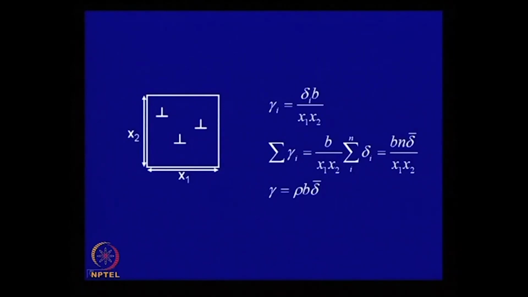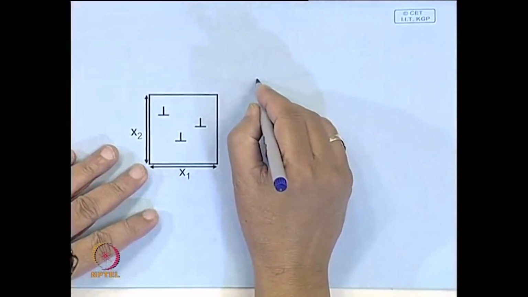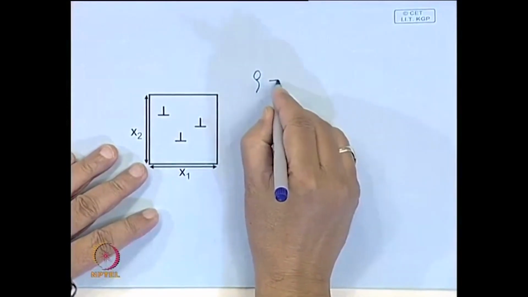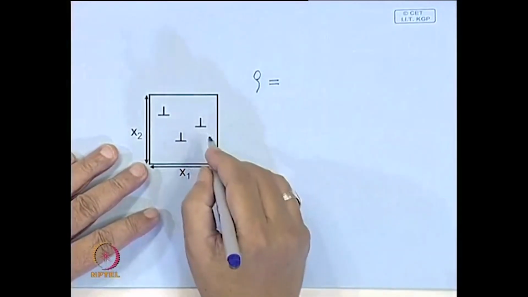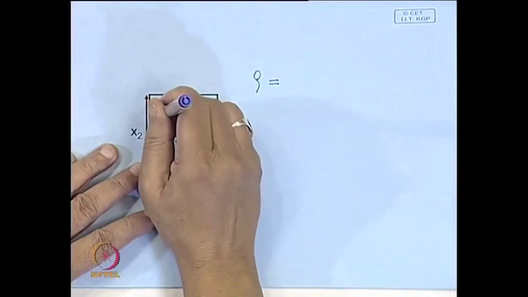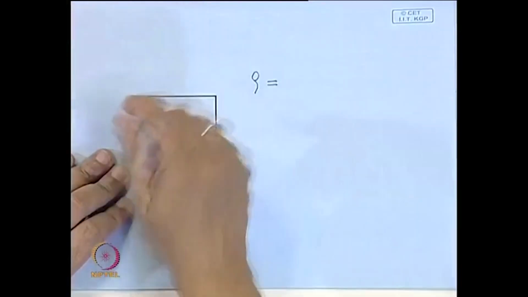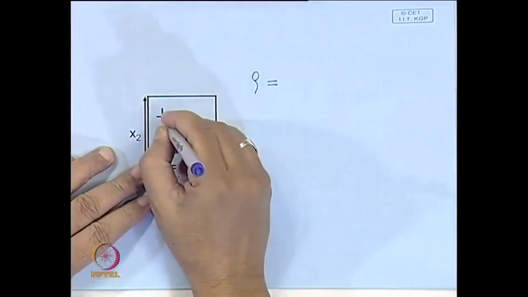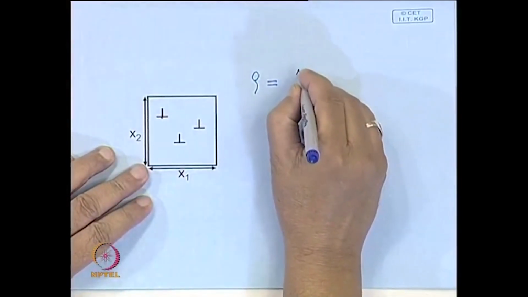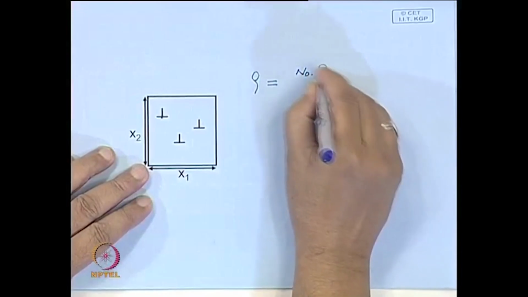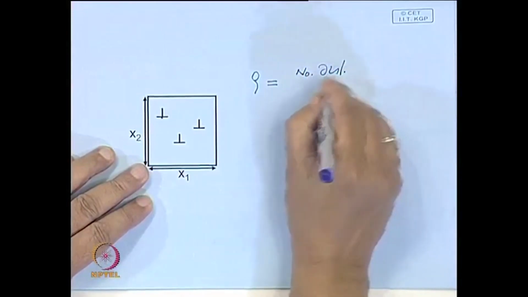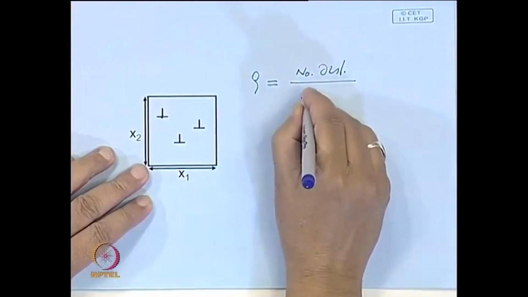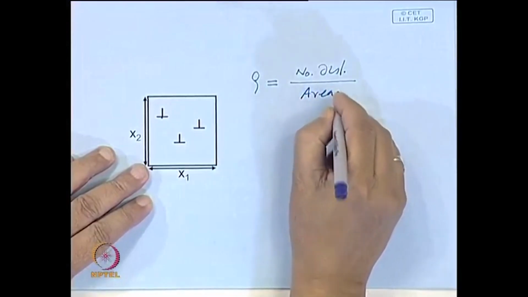Dislocation density is usually defined as follows: these dislocations intersect a plane, the top plane, let us say a perpendicular plane, and the number of these intersections, that means the number of dislocations per unit area, is the dislocation density.